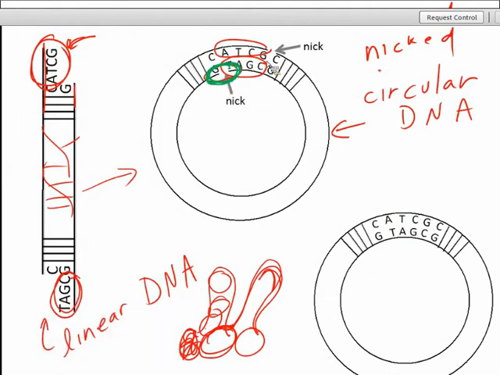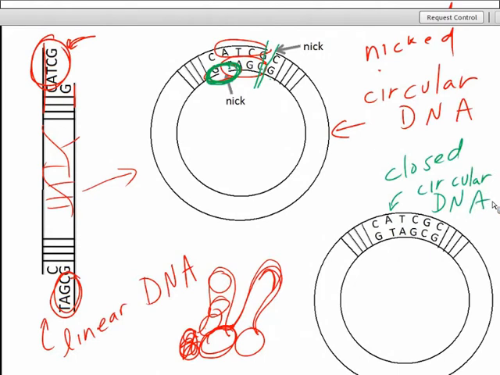So the phosphate backbone between the GC and the CG is broken, and so it's nicked. That means it can have whatever twist it likes, versus down here we've got closed circular DNA, which will actually behave very differently than nicked DNA.